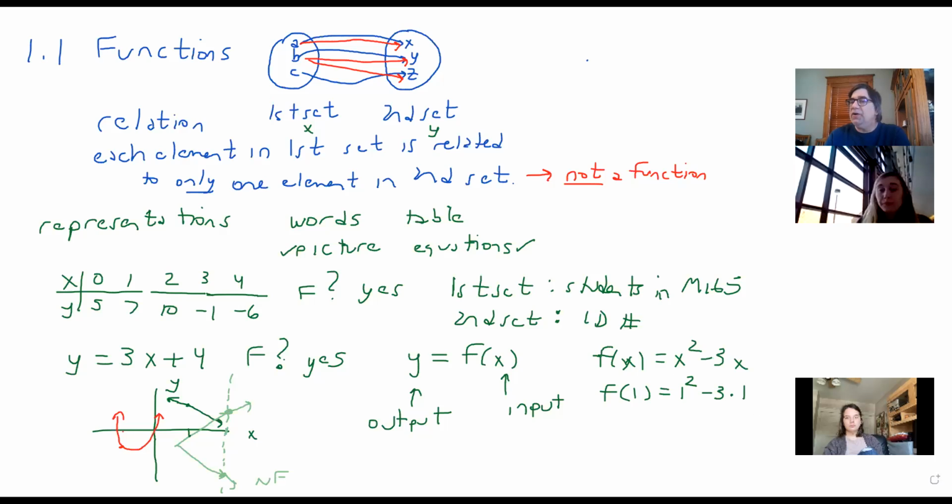Can we simplify and get a corresponding output? Yes. Is it unique? Yes. You're not going to use this notation if you do not have a function. So this is going to be -2. So in the end, we would say f of 1 is equal to -2. So that direct relationship between inputs and outputs. Input is 1, output is -2.